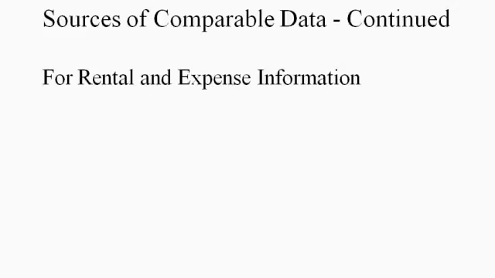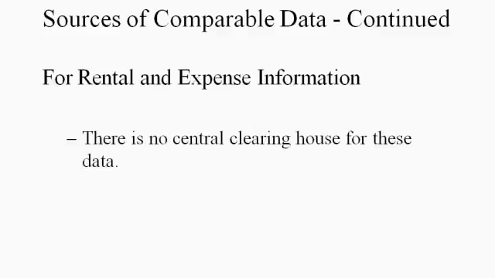Perhaps the hardest type of data to gather is the rental and expense information that we need for the income approach. The revenue information is probably somewhat easier to get than the expense information, but the difficulty for all of this is that there isn't a central clearinghouse. CoStar, and perhaps some of the others, occasionally has information about revenue and expense, occasionally has net operating income, but you can't count on that.